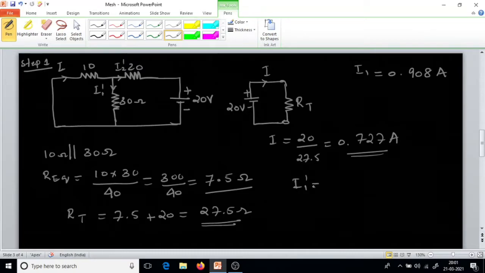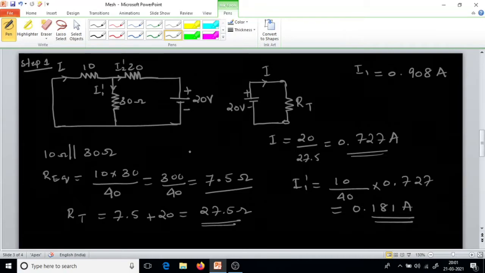I1 dash equals the opposite branch resistance, that is 10, over the sum of the two resistors, that is 40, multiplied by the total current 0.727. So it comes to 1 by 4, 0.25 multiplied by 0.727. It comes to 0.181. 0.181 amps we got.